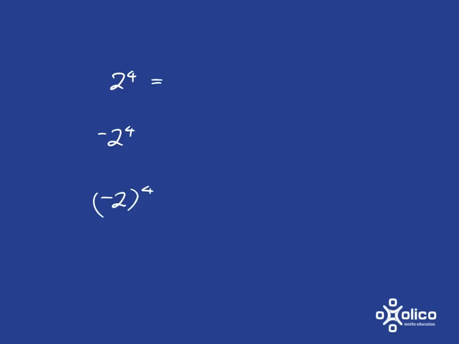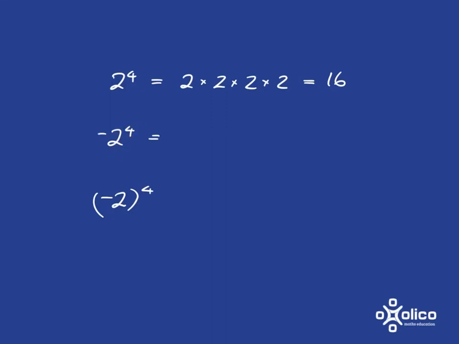So 2 to the power of 4, we know that that is just 4 2's all multiplied together, and so we should know by now that that is 16. Now if we go to this one, note here the negative is not affected by the 4. What you've got is a negative in front of the number 2 to the power of 4. And we know 2 to the power of 4 is just 16, so we've got a negative 16.